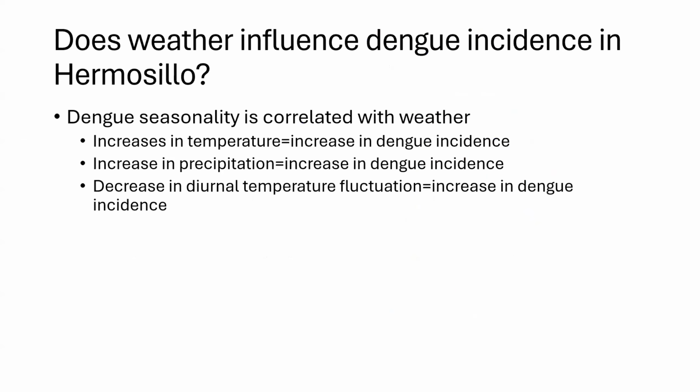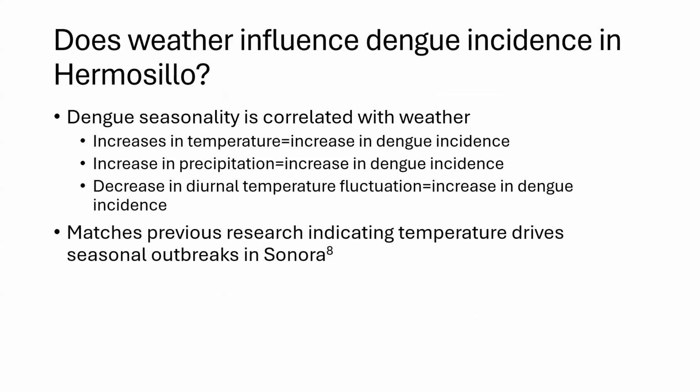So, does weather influence dengue incidence in Hermosillo? This seems to indicate that dengue seasonality is highly correlated with weather in Hermosillo. Increases in temperature and precipitation lead to increases in dengue incidence, and decreases in diurnal temperature fluctuation lead to increases in dengue incidence. This matches a lot of previous research coming out of Sonora, indicating temperature drives seasonal outbreaks in the region.